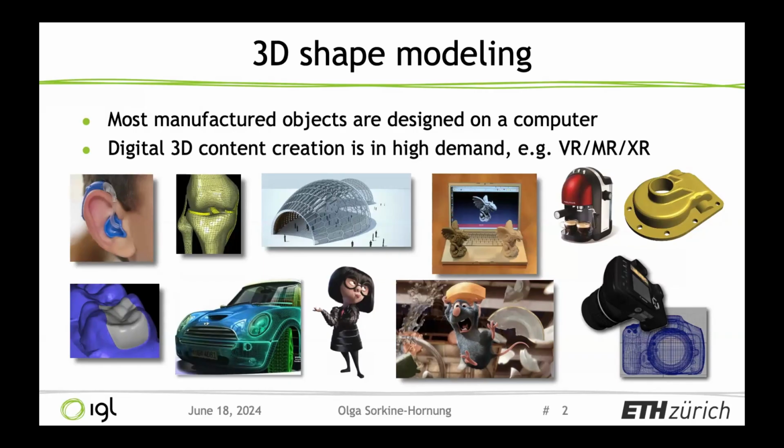But then, of course, also digital 3D content is in high demand, and these days even more so with the advancements in VR, XR, mixed reality, and so on. So just yesterday, I attended the mixed reality workshop here. That was very popular, seemingly, and a lot of geometry and even SIGGRAPH papers were talked about there. So it was very exciting to see.